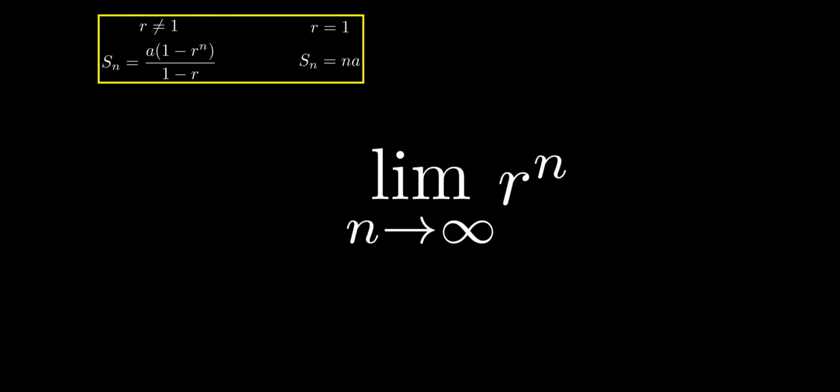So we would have the limit as n goes to infinity of the sum of the nth term of a geometric sequence. Let's isolate the r to the power n first, since we are finding the limit as n goes to infinity, and r to the power n is the only part of the expression that has n in it.